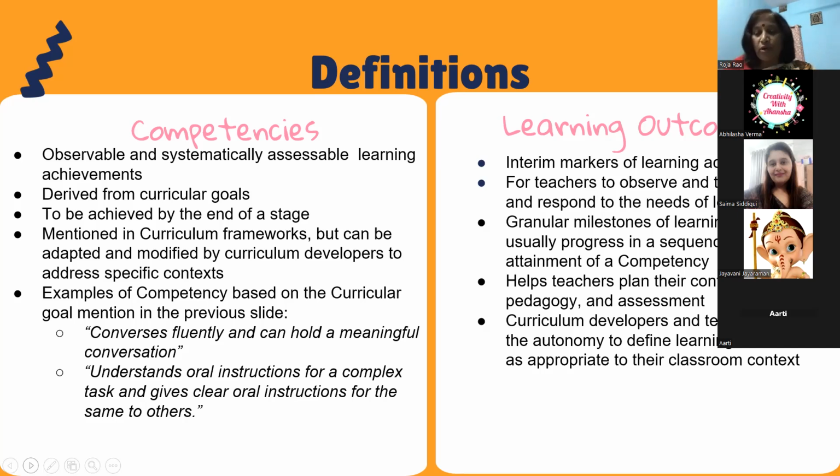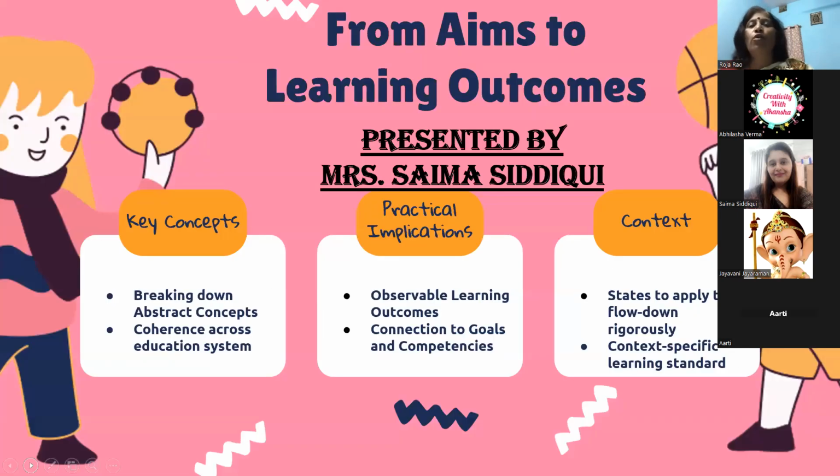Now, the progression from the aims of education to curricular goals, competencies, and ultimately learning outcomes outlines a structured approach to fostering student development and ensuring effective educational practices. With this, I would like to give over this platform to our next participant.